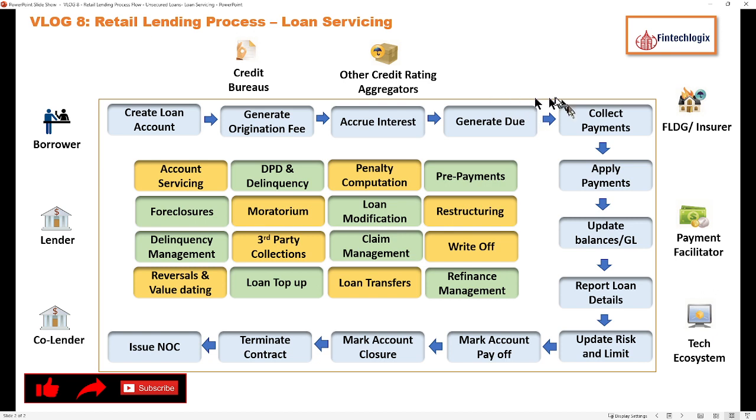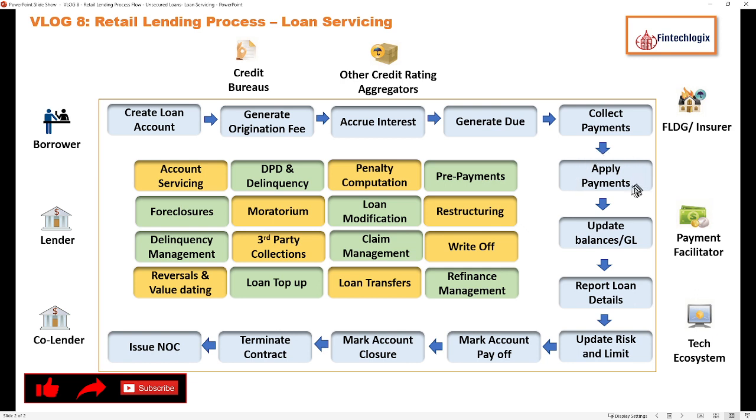So if you have a combined due of $100, and out of that $100, $50 is principal, $20 is interest, and $30 is fees, that recognition, or bifurcation of the amounts into different buckets so that it can be applied, is called applying payments.